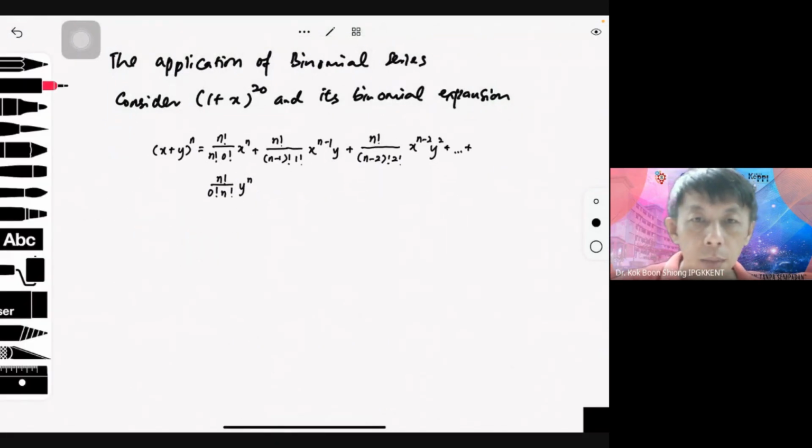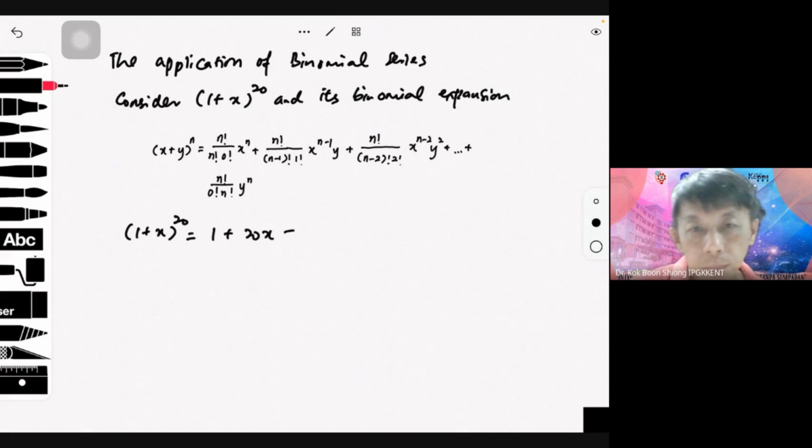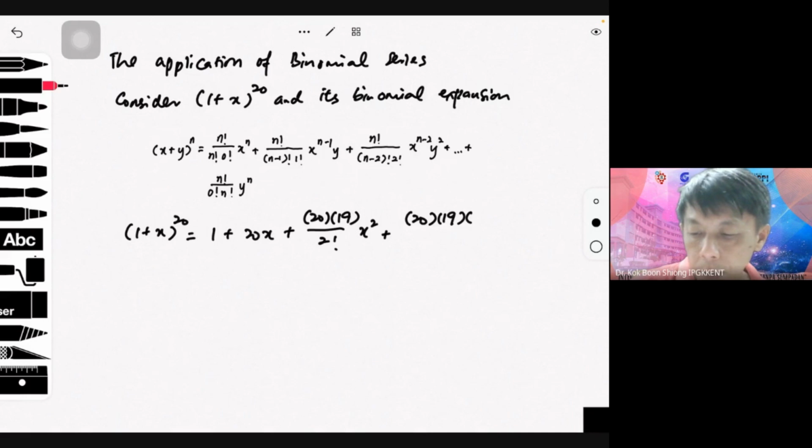Let's say we are using this formula. So we will have (1 plus x) to the power of 20 equals 1 plus 20x plus 20 multiplied by 19 over 2 factorial x squared, plus 20 multiplied by 19 multiplied by 18 over 3 factorial x cubed, and so on to the last term, which will be x to the power of 20.